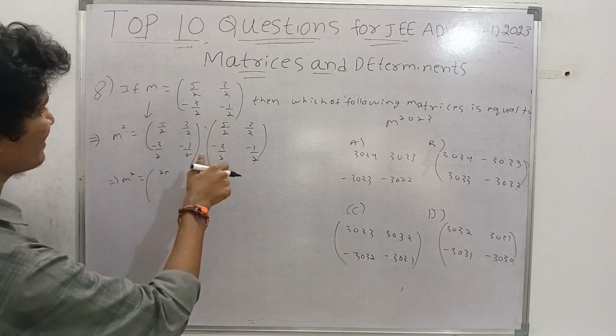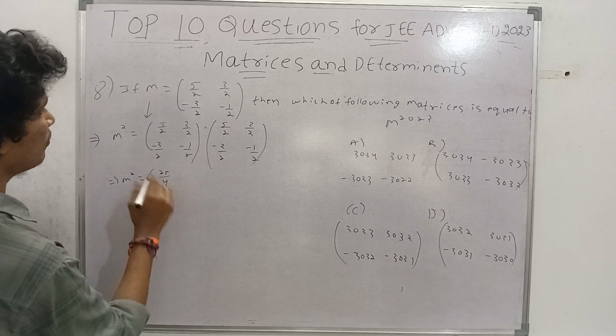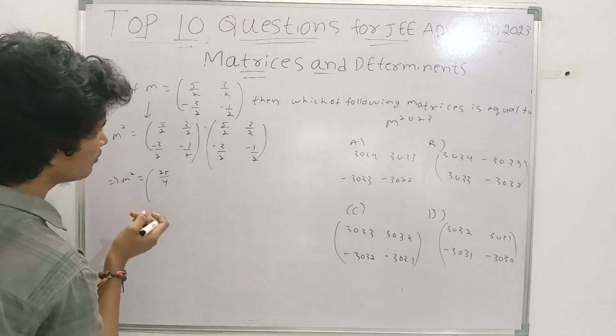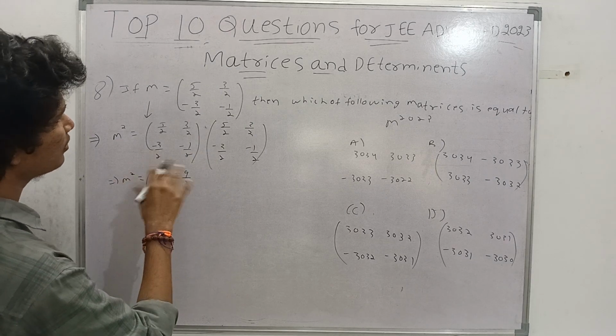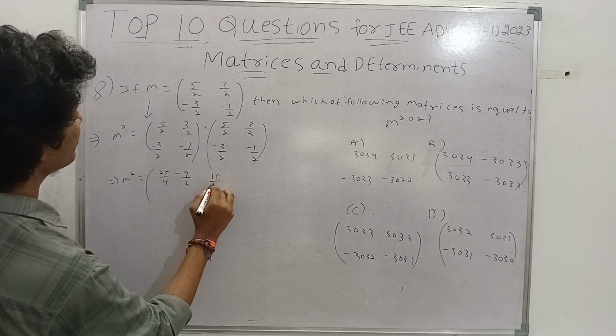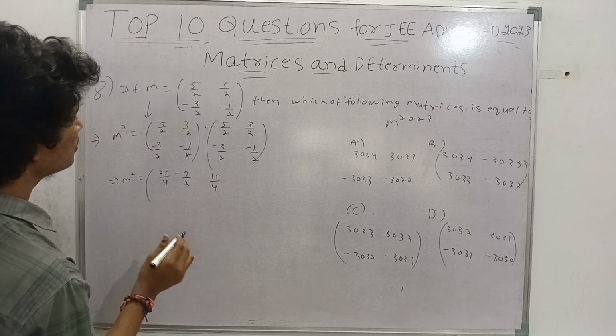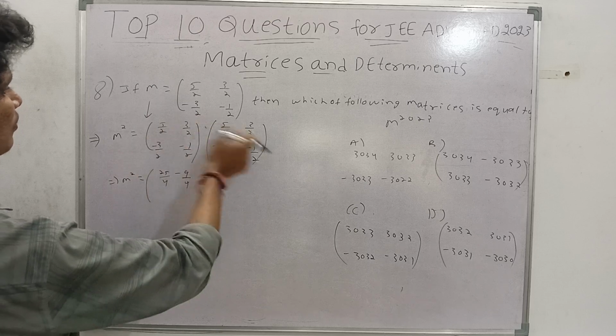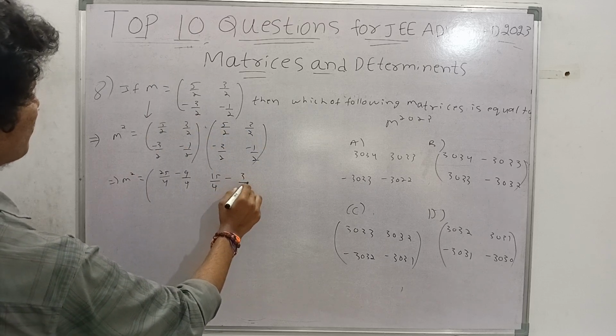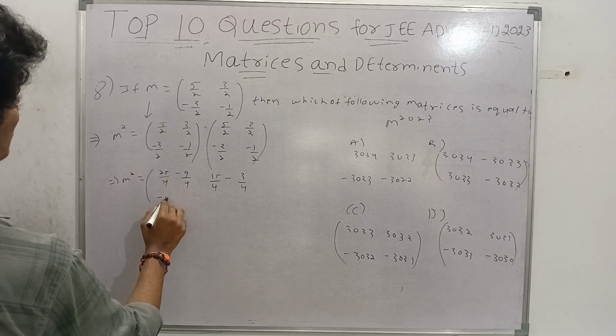We have to multiply like this now. It will be minus 9/4 and here it will be 15/4, 15/4, and here it will be minus 3/4 and here it will be minus 15/4.